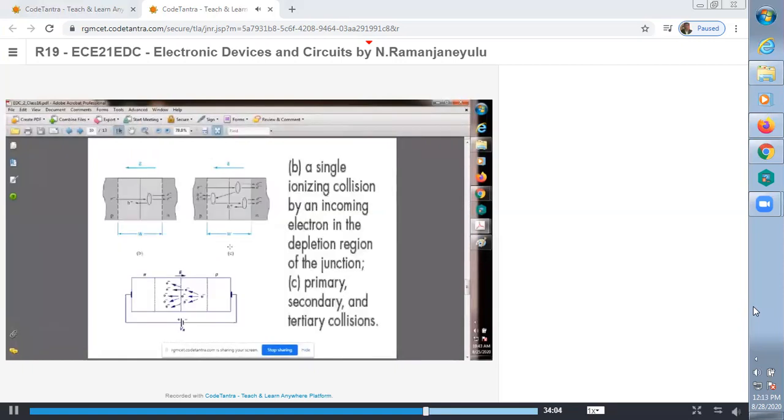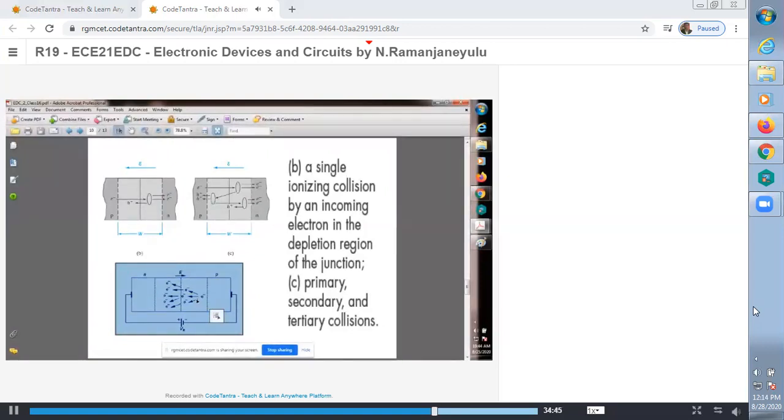Observe either the second figure or like this. If one electron, here consider the electron only, similarly holes are the same: hole multiplication, electron multiplication. Why? Because once one electron breaks the covalent bond, it generates one hole and one electron. This electron and hole again generate another electron hole pair.